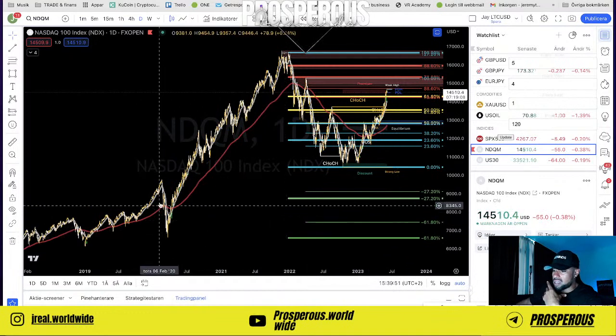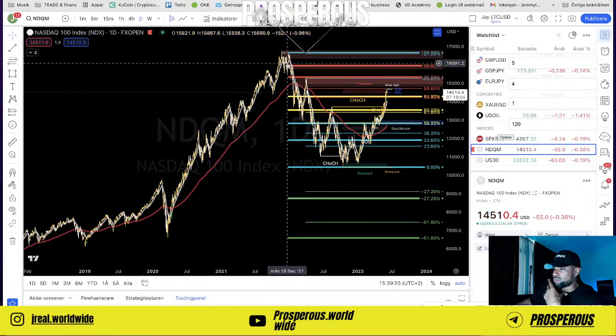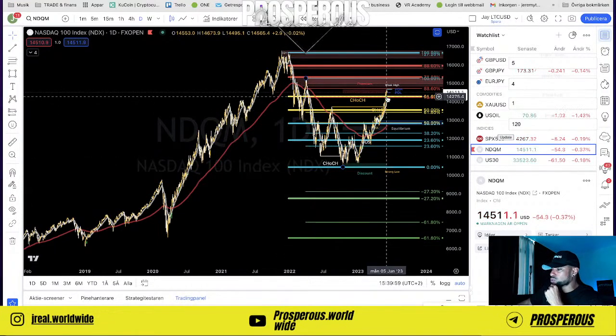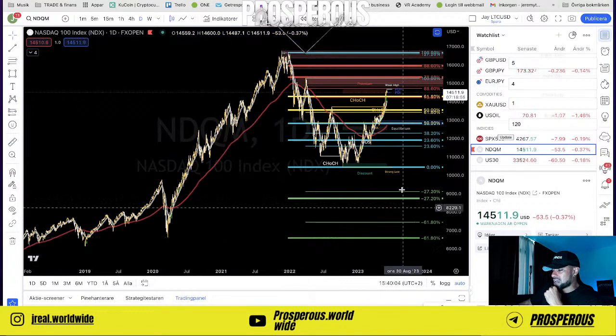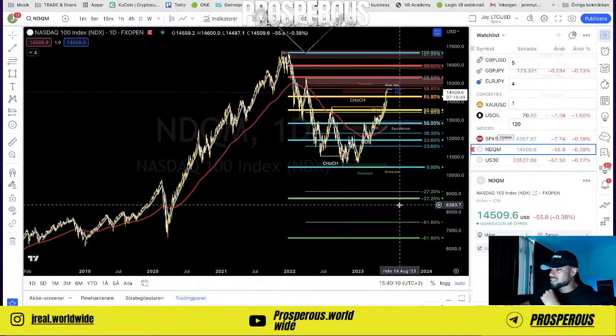This is COVID. We had the COVID dip, boom, the plunge, and then we've been on a crazy bull spree since that. We dropped down again, a new bull spree, but I think this is going to create a lower high, and we're dropping down to either the 27.2 or the 61.8 Fibonacci extension, and that is a crazy drop.